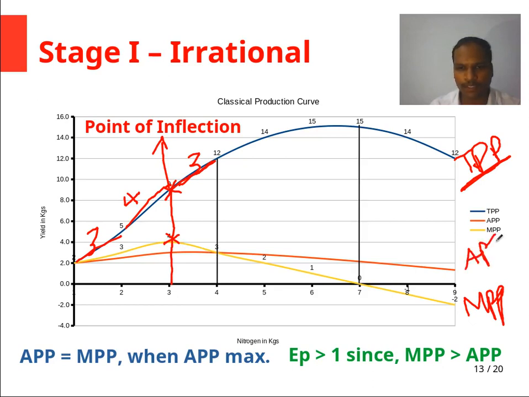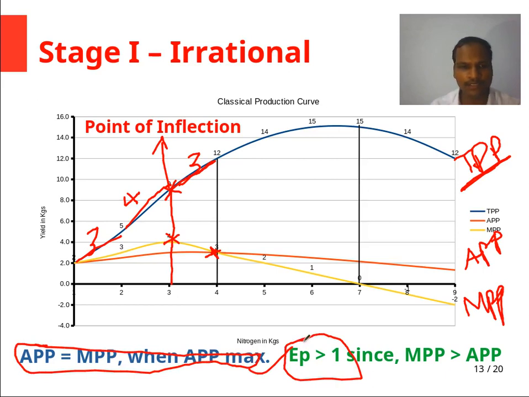APP increases and reaches its maximum when it meets the MPP curve. So APP reaches maximum when APP equals MPP. We saw in the last slide that elasticity is greater than 1 since MPP is greater than APP. So this stage is the irrational stage.